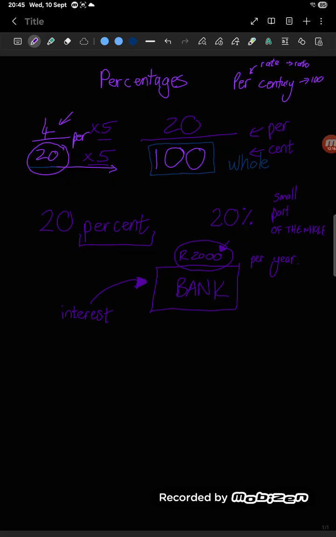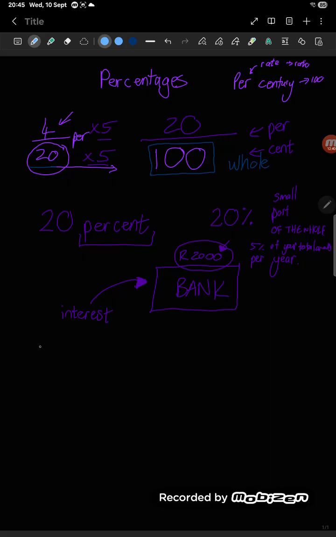Okay, so I'm going to say I'm going to give you a 5% of your total amount per year. What does that really mean? It means, what is 5%? Now, this is interesting. What is 5% of 2,000?